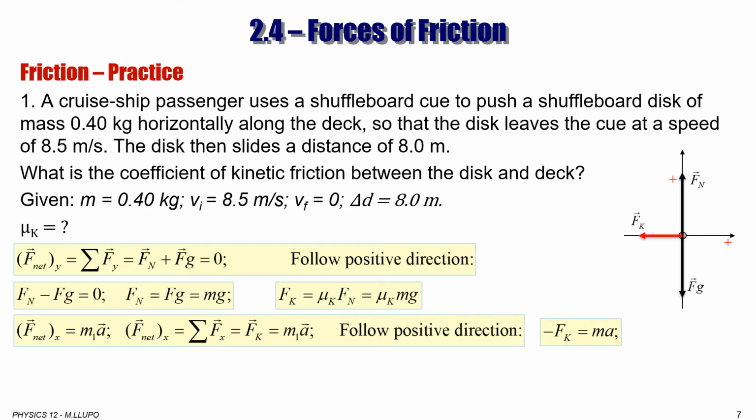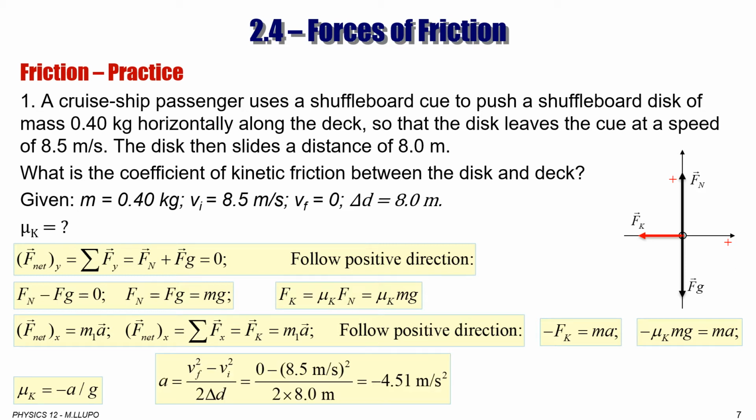So minus Fk is equal to ma. Since Fk is equal to mu k mg, now you have minus mu k mg is equal to ma. So masses will cancel, although it's given to us. So mu k is equal to minus a over g.